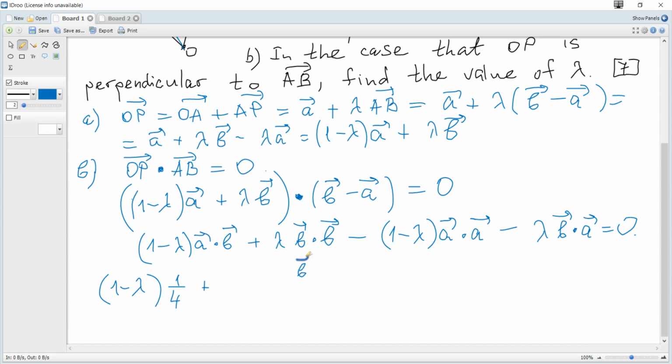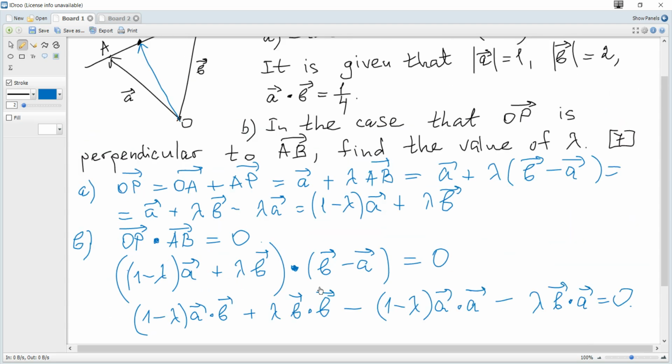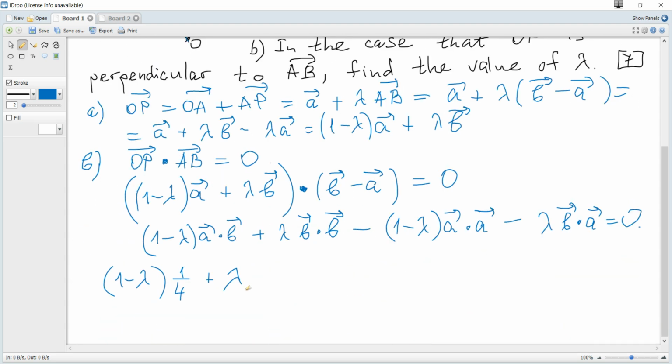The same formula: magnitude of b multiplied by magnitude of b and multiplied by the cosine of the angle between them. But since it's the same vector, the angle between them is 0, cosine of 0 is 1, and hence it becomes magnitude of b squared. So it's lambda, and the magnitude of b is 2, squared it's 4.